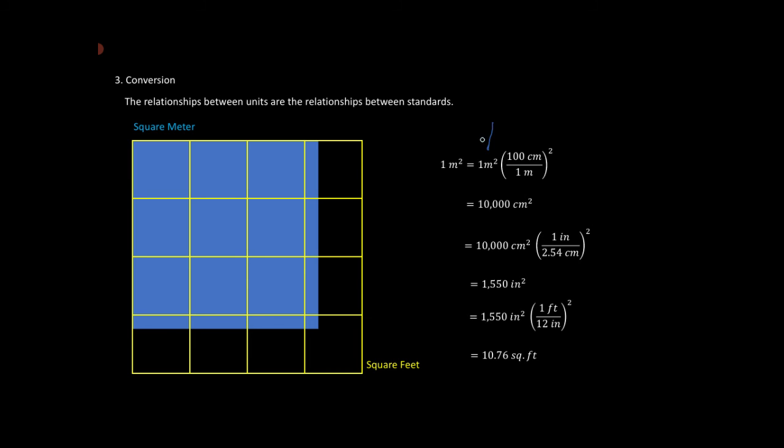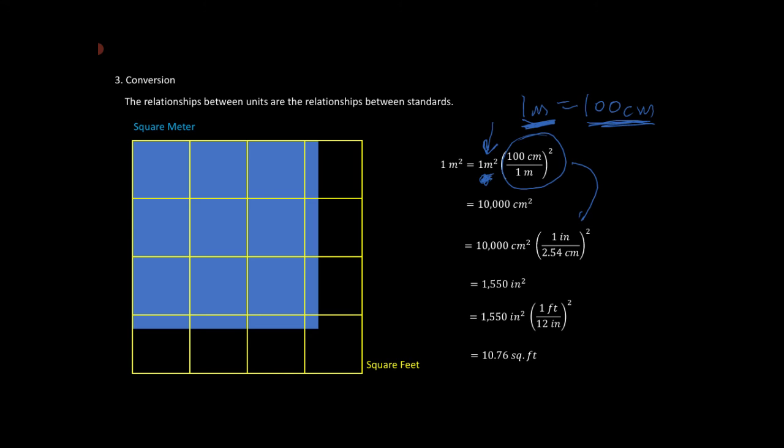And every time we've done a conversion in this thing, what we've done is we said we've got a square meter. We have to convert both of those meters, so we have to square the conversion factor. Remember, the conversion factor's whole point is to cancel things out, so we'll have a conversion factor like 1 meter is equal to 100 centimeters. The thing we're trying to cancel out, the meters, goes in the denominator. If what we want to cancel out is in the numerator, it would go in the numerator if what we wanted to cancel out was in the denominator. And then the other thing goes in the other spot. That's all there is to it.